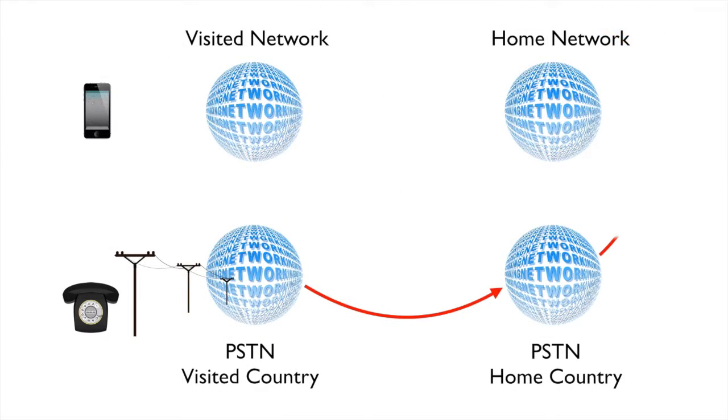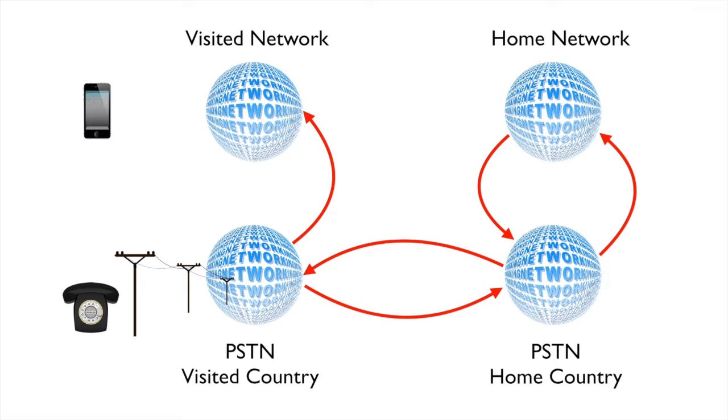If a call originates in the same country as the inbound roamer, the call would be routed to the home network and then back again. However, with modern signalling systems, this is not always necessary, and only the signalling information would need to be sent back and forward between the two countries. Once the location of the roamer had been established, the speech path could be switched locally.